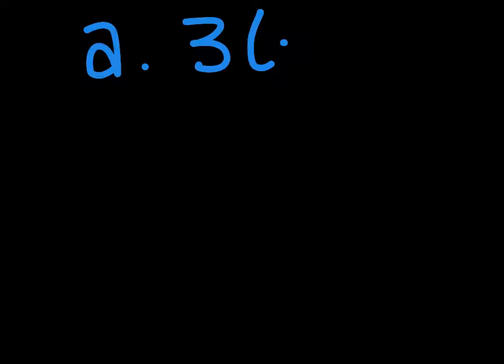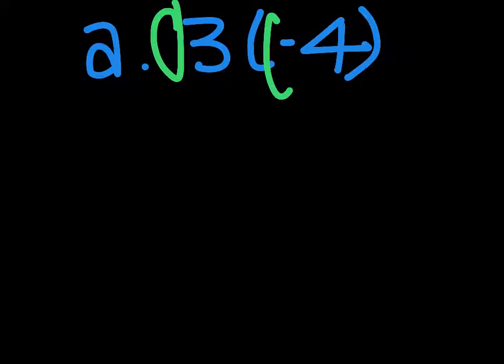Next we have A, which is 3 times negative 4. First thing we want to look at is their signs. Do they have the same signs or different signs? And we know here, technically this is a plus sign, but I'm going to put it there just in case we forget, okay? Looking at their signs, what do they have? They have different signs, okay?